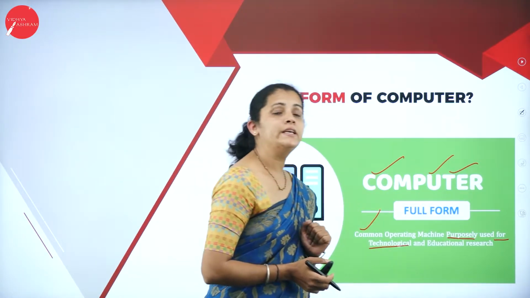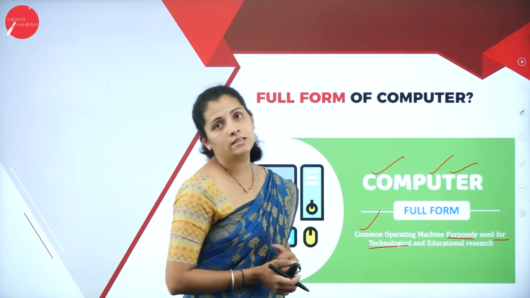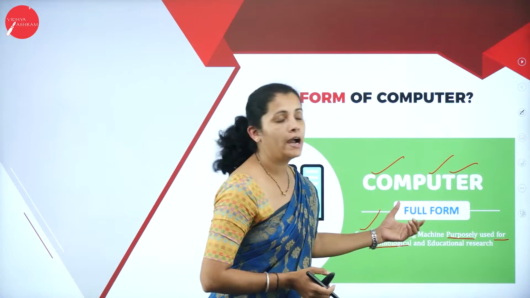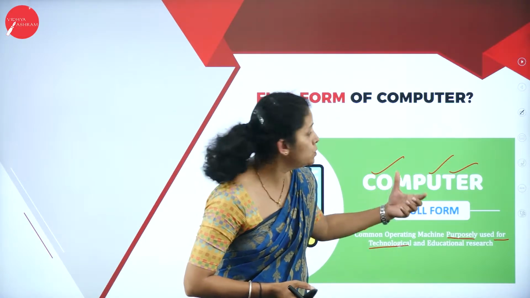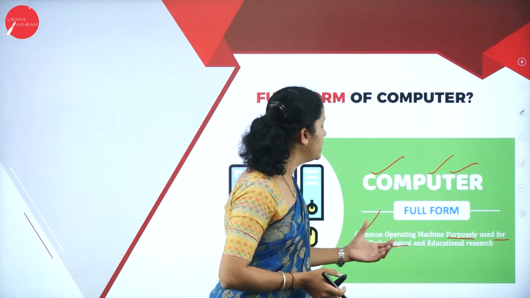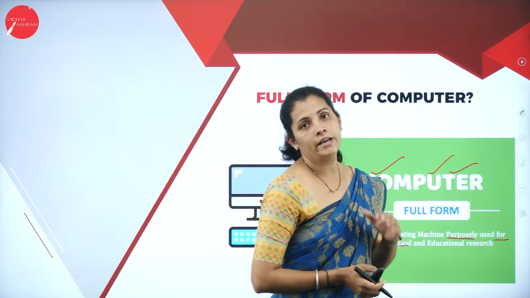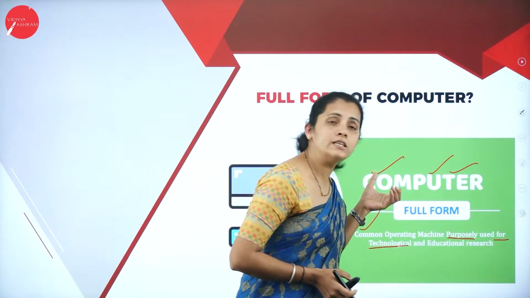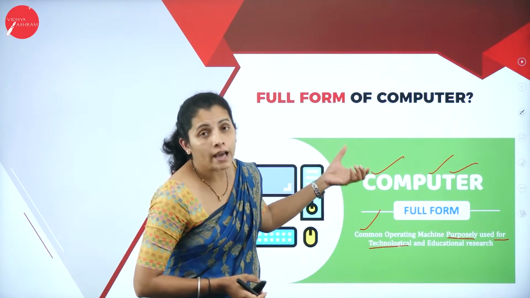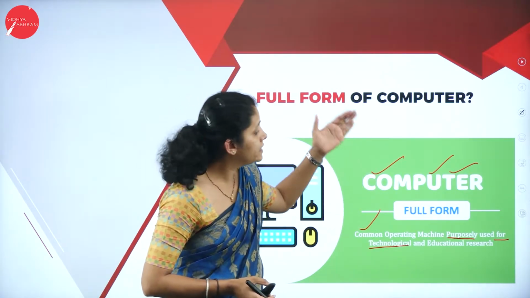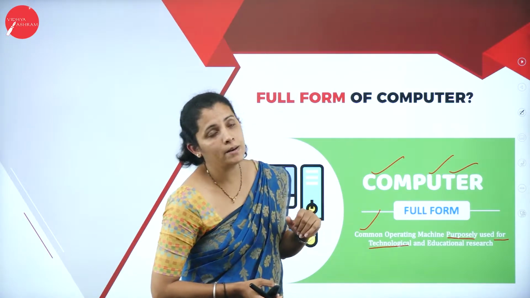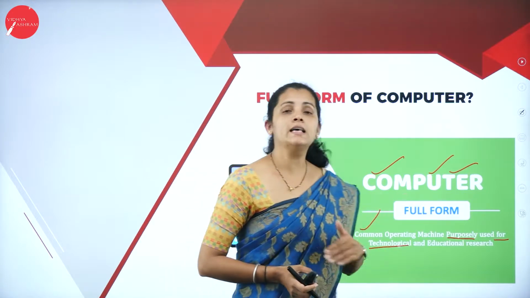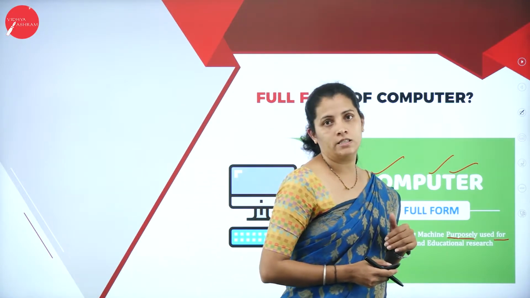So I repeat, a computer is nothing but a common operating machine and it is especially used for the purpose of technological and educational research. That means a computer is a calculating machine which is designed and developed for the purpose of technological use as well as educational research.